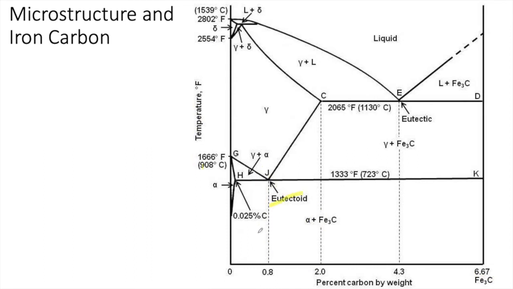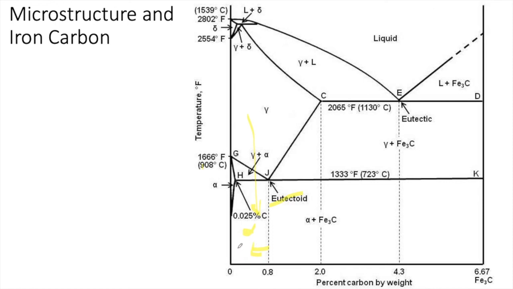When moving to before the eutectoid point, that is, where the austenite transforms and bisects the HJ line, there is a lot more alpha in it.